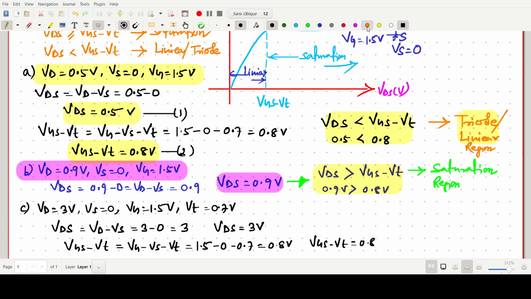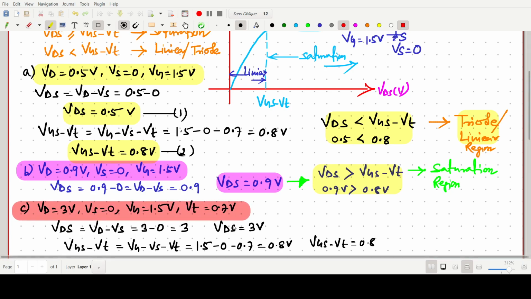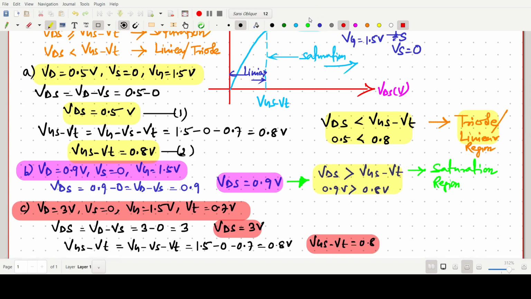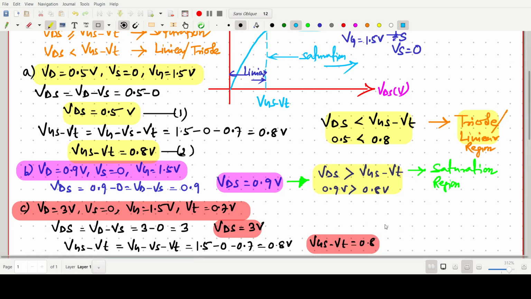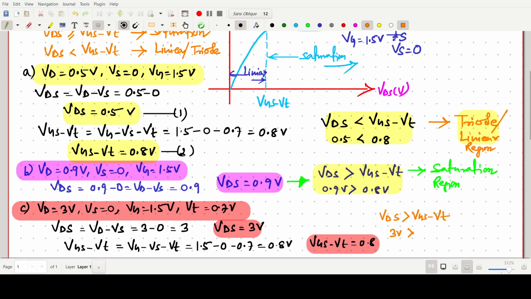Now for this condition, which one is greater? VDS is obviously greater. So what we can write? VDS is greater than VGS minus VT, because this one is 3 volt, which is greater than 0.8 volt.